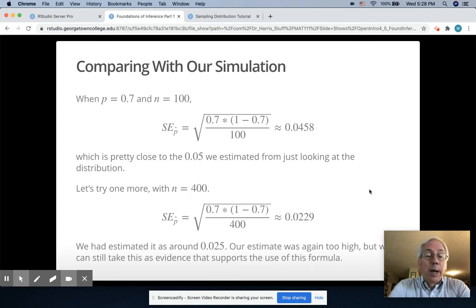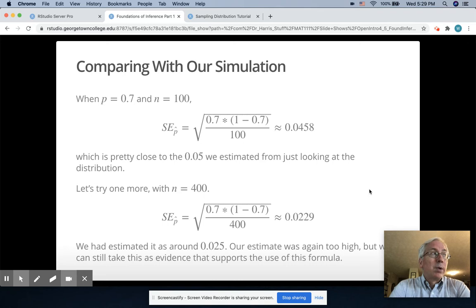Another one with n equal 400. If I calculate the square root of 0.7 times 1 minus 0.7 over 400, I get about 0.023, which again is in the neighborhood of the estimate that we had, which was 0.025. My estimates were, in both cases, a little bit on the high side, but because they're so close, it seems like we've got some evidence that maybe this formula has something going for it.